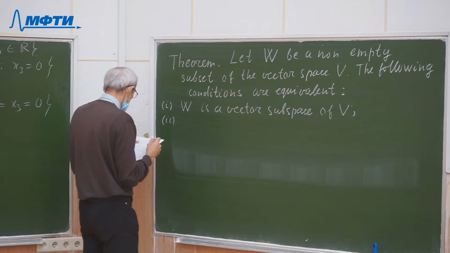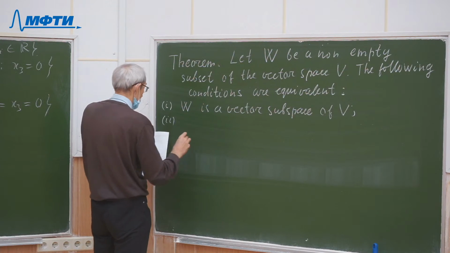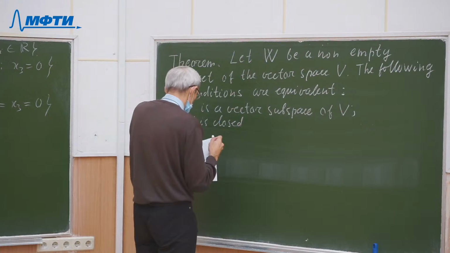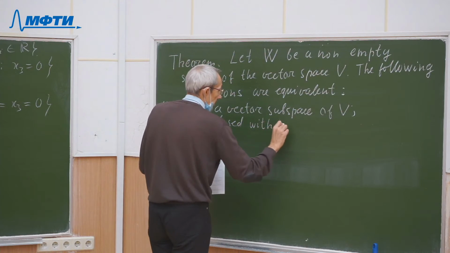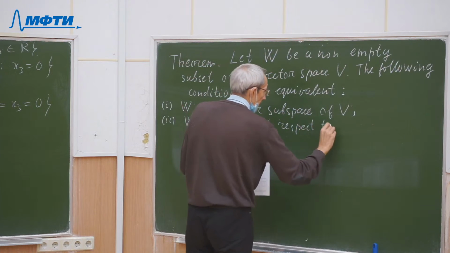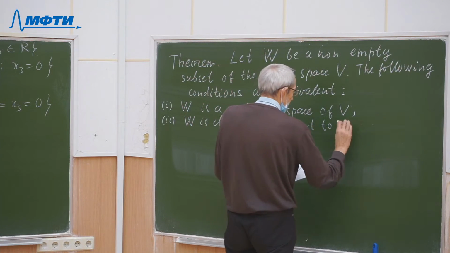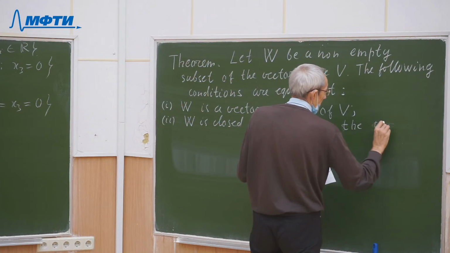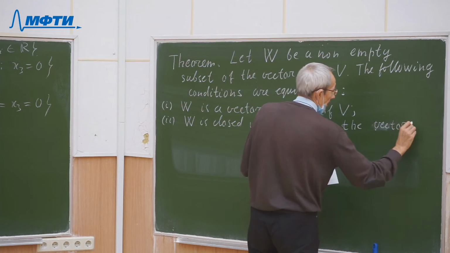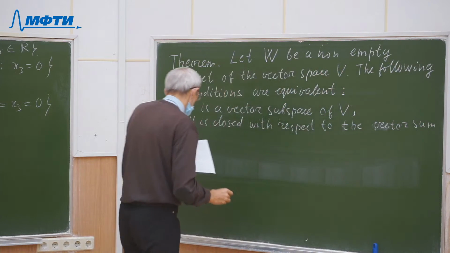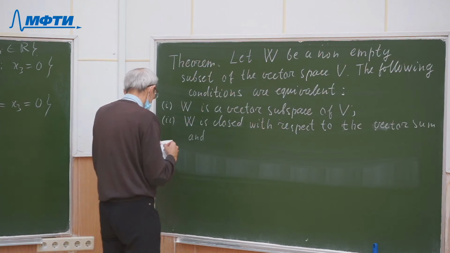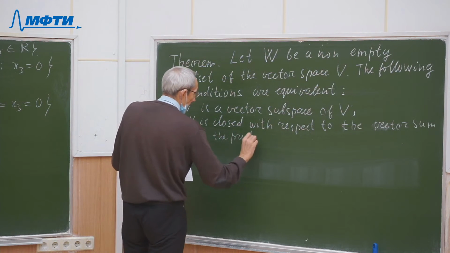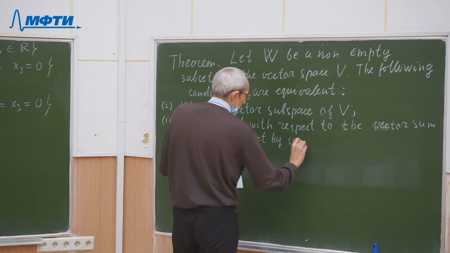Second, W is closed with respect to the vector sum and the product by scalar.